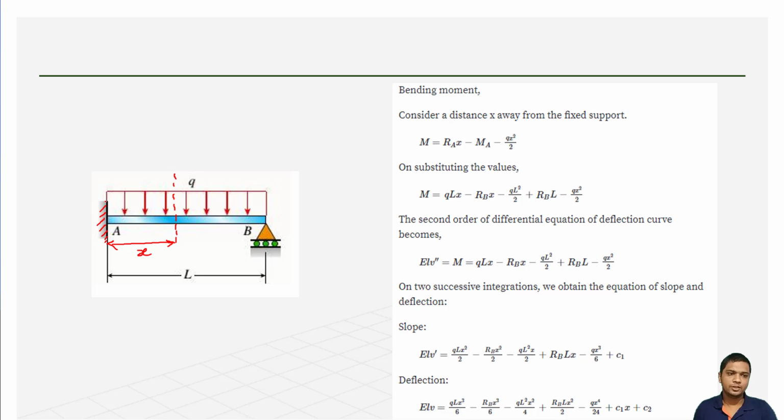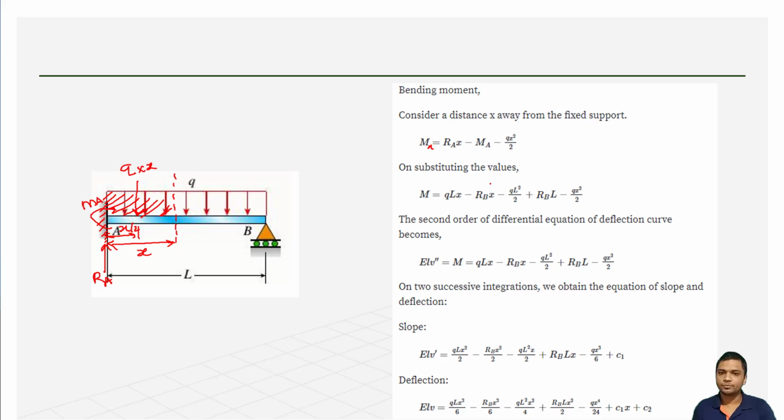Moment about x: it will be the Ra force into this distance, Ra into x. We are taking the left hand side values, so Ra into x. This part is the UDL, its magnitude is Q, and let me consider it as a point load, so it will be Q into x acting at x by 2, so it will be Q x square by 2, and this moment which we got from the last part, Ma. So this is the moment at point x.